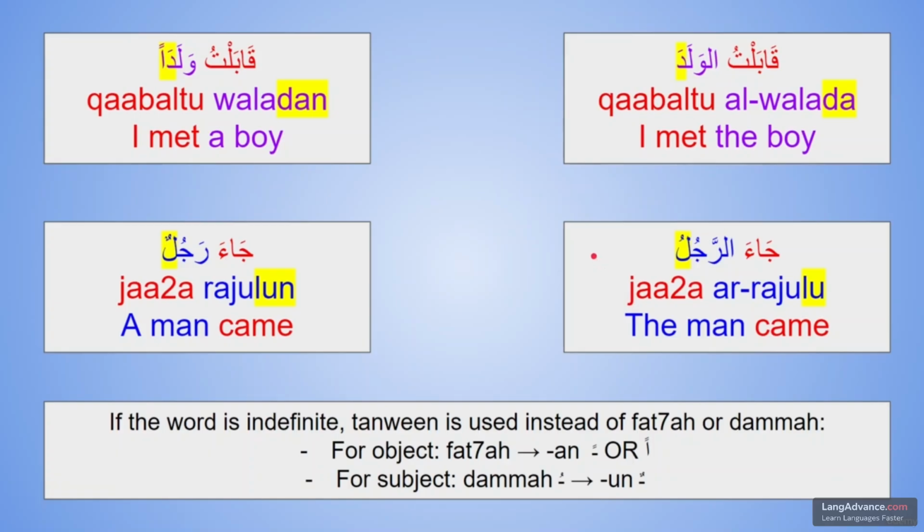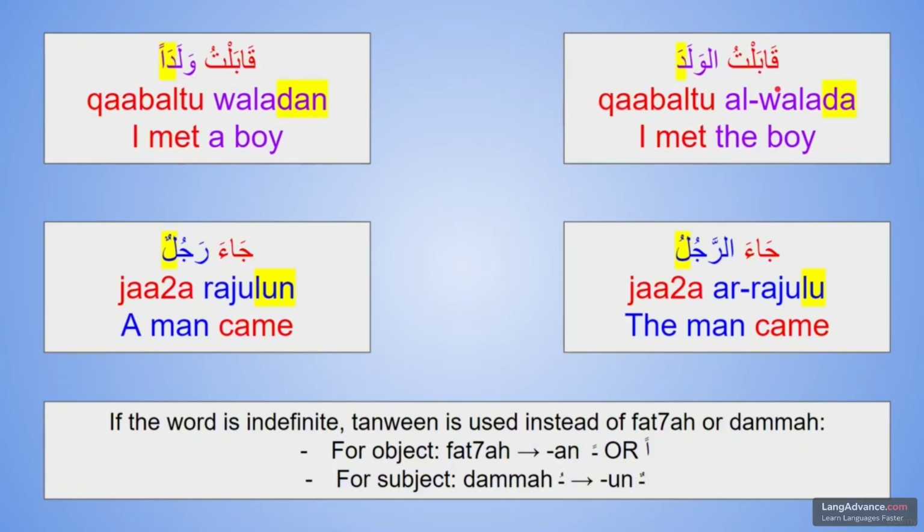And then we need to see when do we actually use the A sound and when do we use the N, tanween sound. So basically, the criteria is that when the object is definite, like we use alif lam, it becomes A. When it is indefinite, without alif lam, it becomes N. So let's see some examples here.